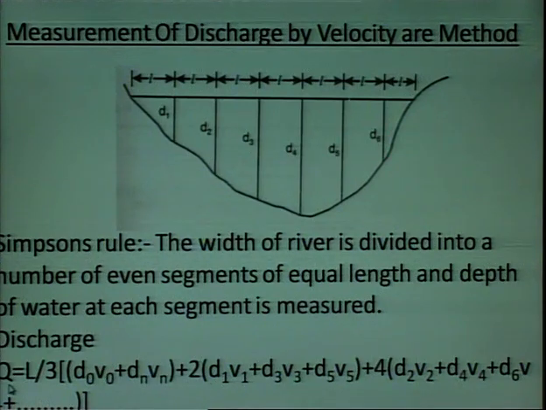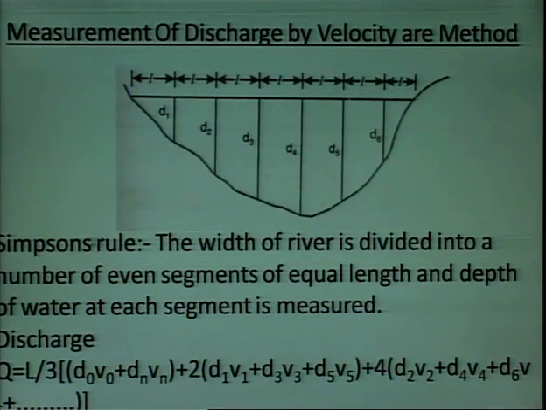Even segments means this is 1, 2, 3, 4, 5 and 6. We have divided into an even number of segments. Then how can we find the discharge? By Simpson's formula, it would be equal to first plus last, plus 2 times the odd plus 4 times the even, we close the bracket, multiplied by L divided by 3.